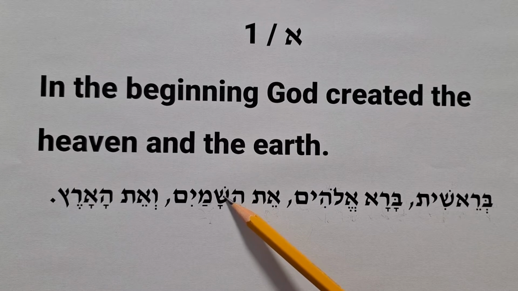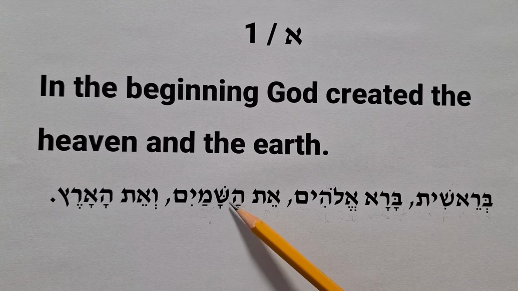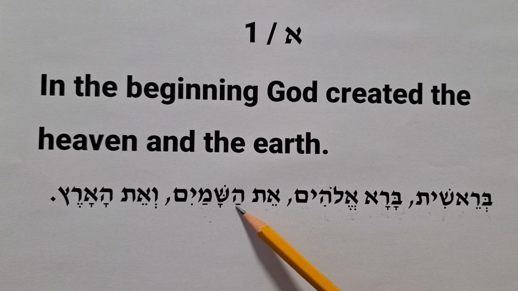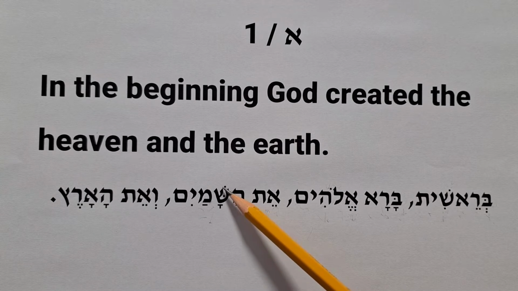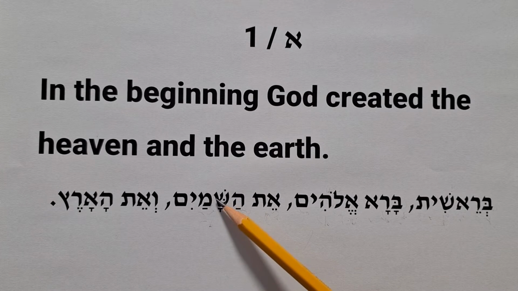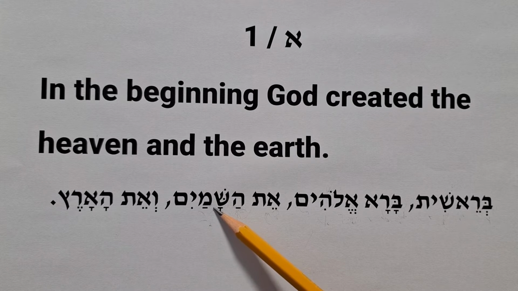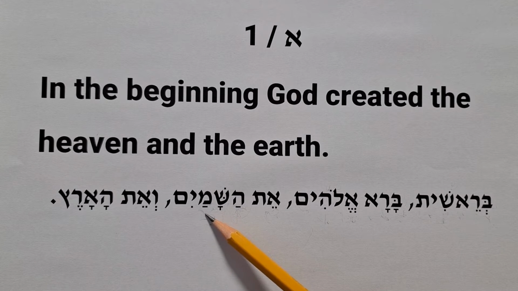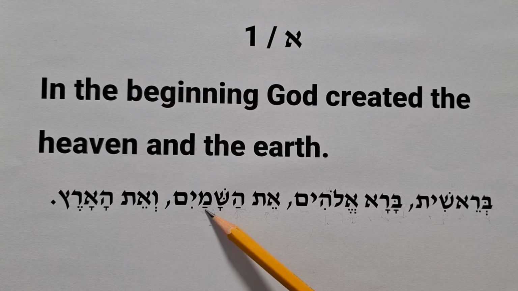And we have here the gesh, because it closes the syllable. This is a small syllable, patach, so hashamayim. And this is kamatz, so sha. And mem, patach, again, sound of ma.